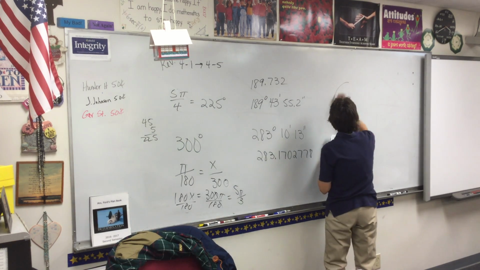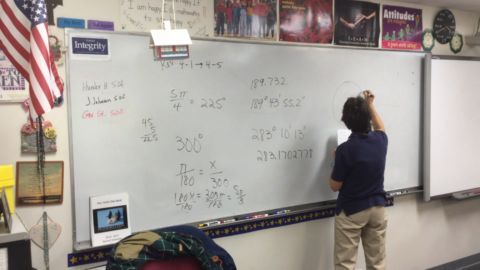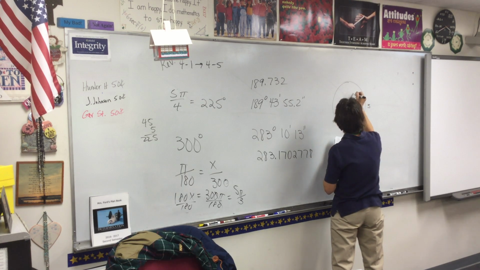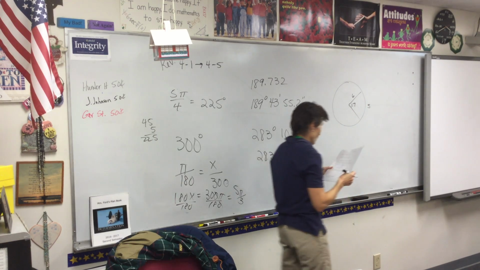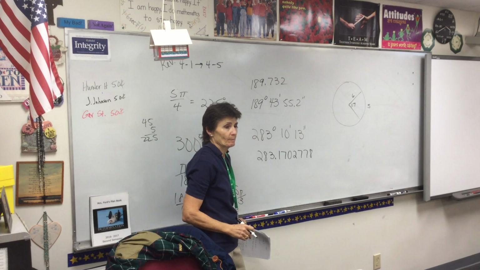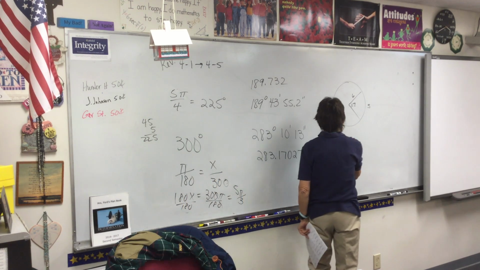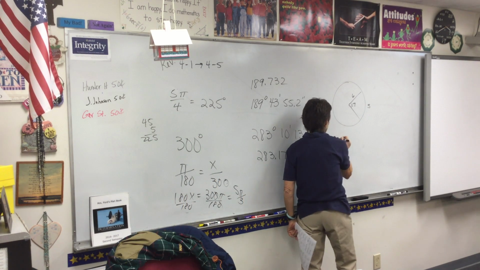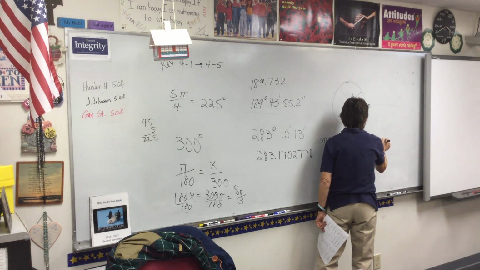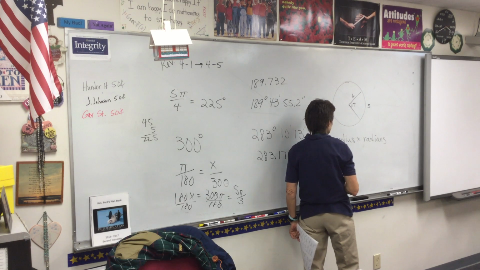All right, now we've got an arc length problem. We want to find our arc length, and this is what we're given. What is our formula for arc length? Radius, so arc length equals radius times radian. All right, do I know the radius? 6.